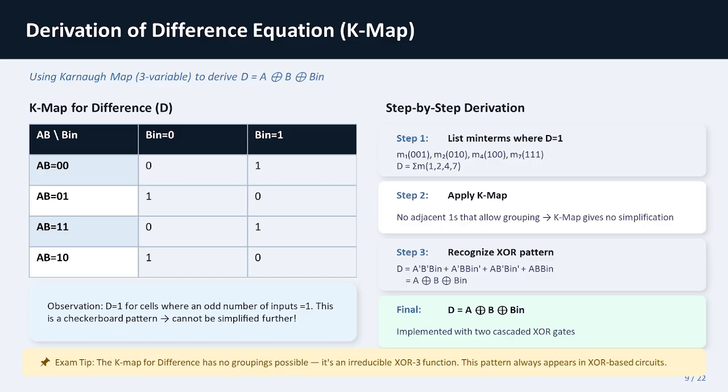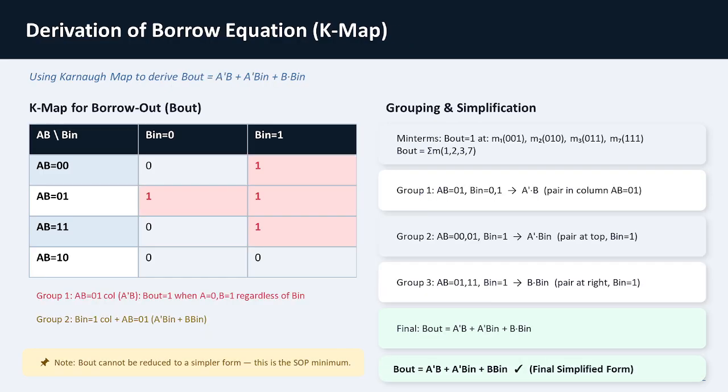Then you are able to get that equation and reduce the number of gates used in it. So that's why you use a K-map. I hope everyone got why we are using a K-map.